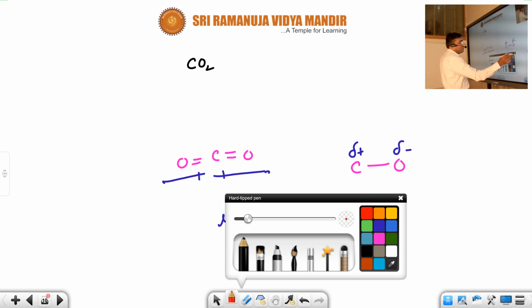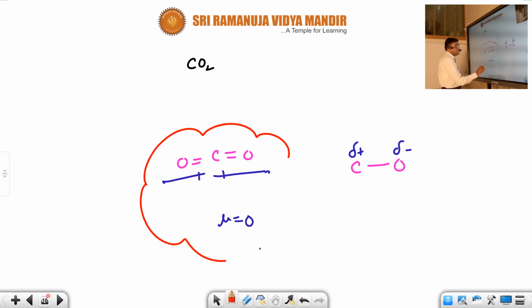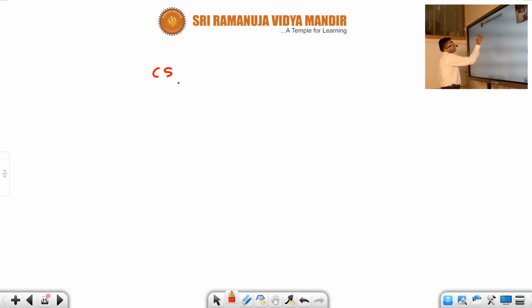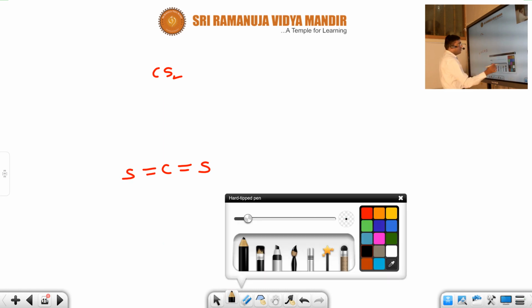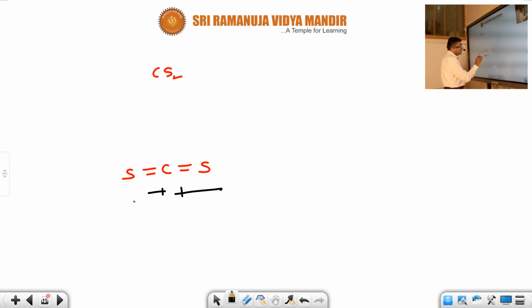CO2 is a non-polar molecule. Mind you, students. Similarly, you can take another one, CS2 also, because CS2 and CO2 both are isostructural. In both cases, dipole moment is 0.